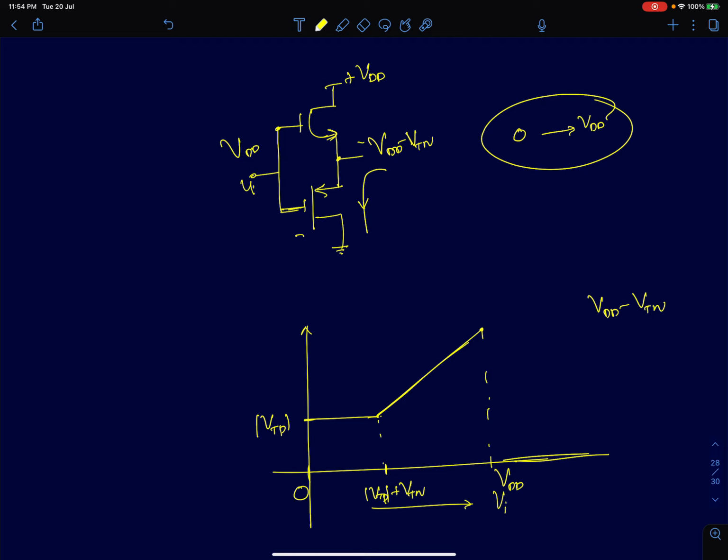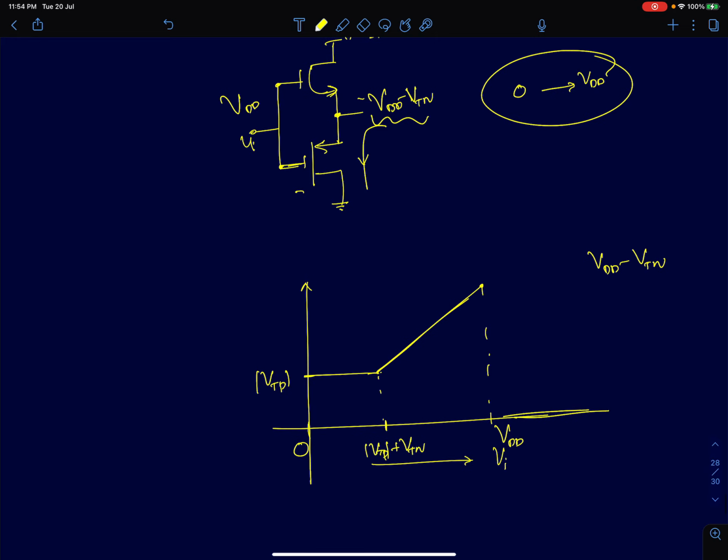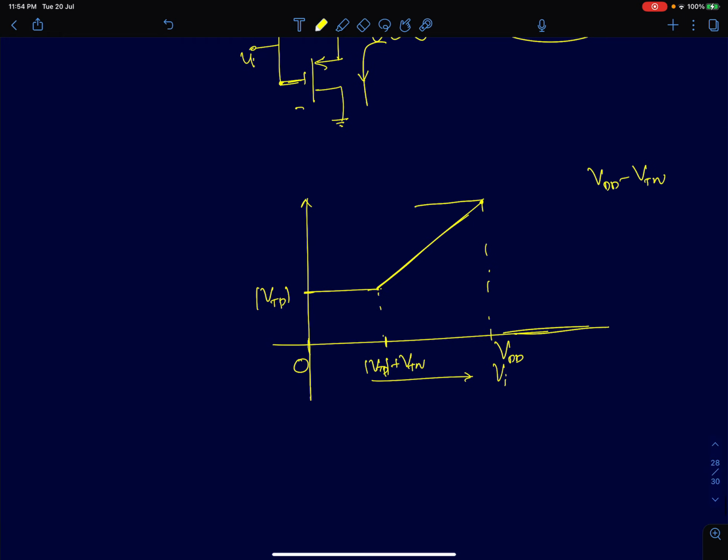Now we know the source voltage of the PMOS is at VDD minus mod VTN. For this PMOS to conduct, the gate voltage should be at least one VTP lower than the source voltage. So until then it's going to remain constant. The source voltage is at VDD minus VTN, and the gate has to go below that by mod VTP.